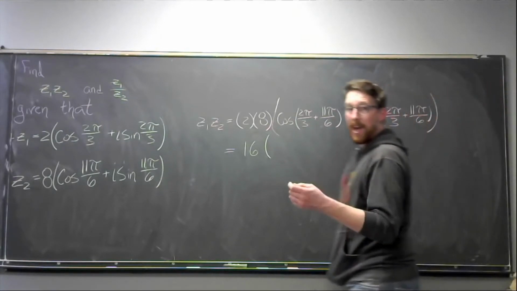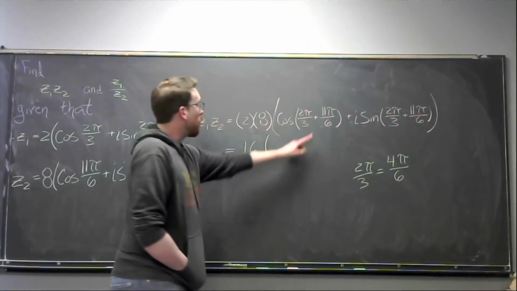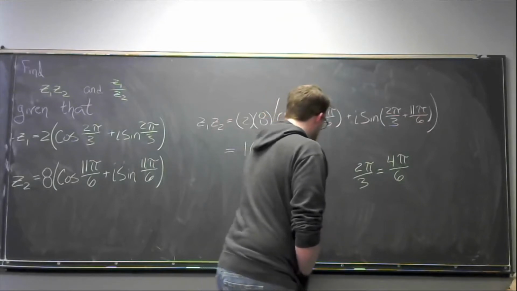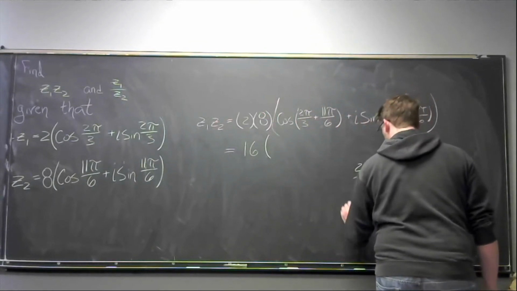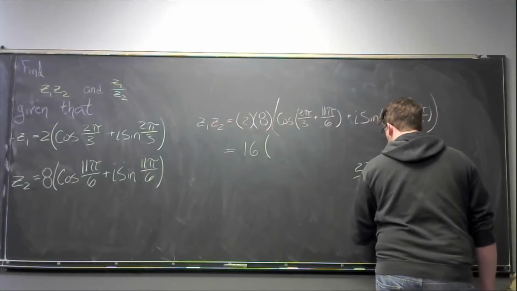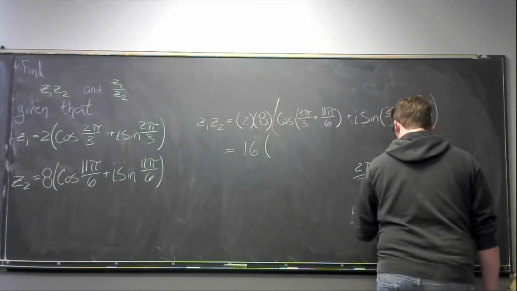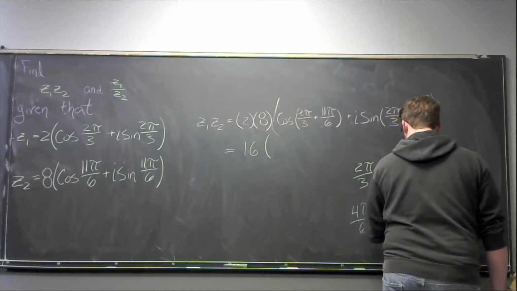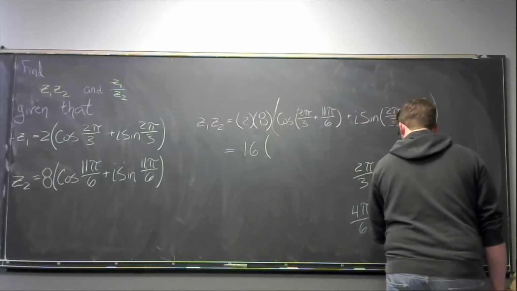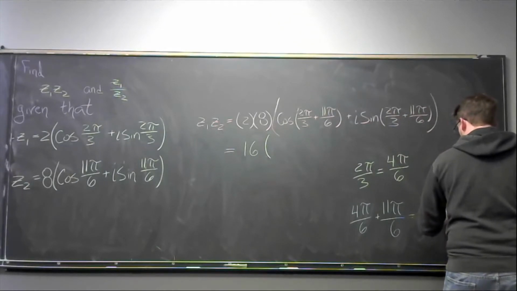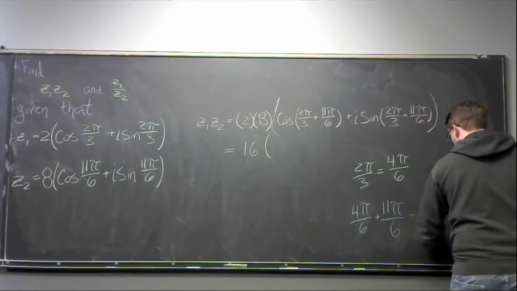So because of that, we can rewrite this entire interior of the cosine as 4 pi over 6 plus 11 pi over 6, which is equal to 15 pi over 6.